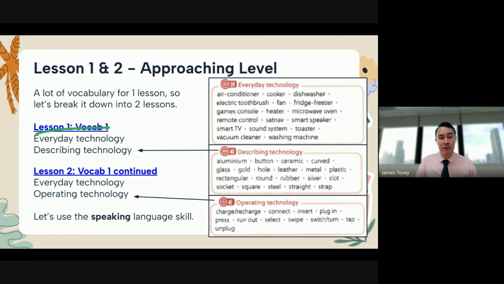Let's do vocab 1 over 3 lessons, and you'll do a speaking language skill for 1, and then maybe do some reading or writing or listening, however you want to do it. And then you get them to practice those skills with these vocabulary words, rather than going to the extremes of giving them new information about AI and virtual reality, whereas they're just still trying to grasp these basic vocab words.